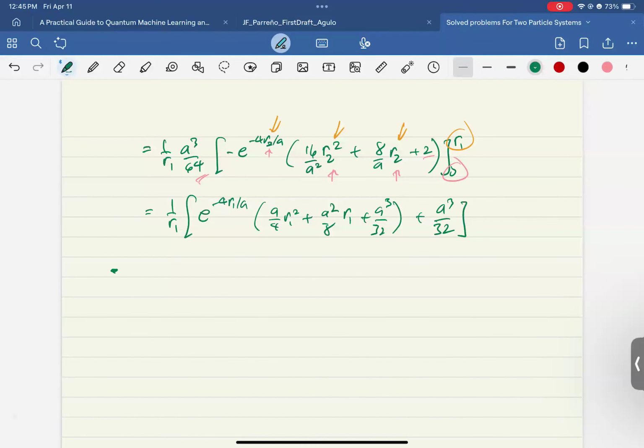The second integral involves integral from R1 to infinity ng R2 exponential minus 4 R2 over A dR2. Okay, again, if we let u be equal to 4 R2 over A, yung du ay magiging equal sa 4 over A dR2, and yung R2 ay UA over 4.